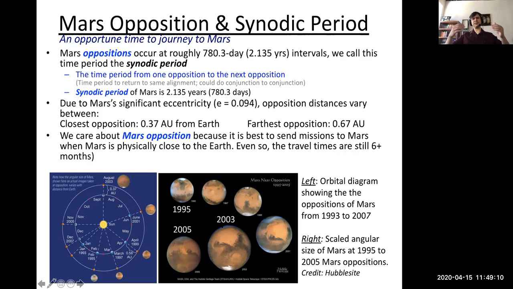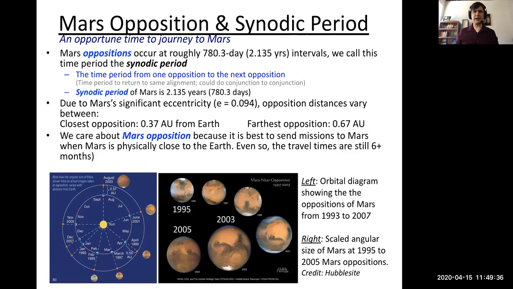So now let's talk about why we care about opposition and why we might want to know how long it takes for Mars to go from one opposition to the next time it's at opposition. So how long does it take for this geometry of Mars, Earth, Sun, all in a straight line? How long does it take with the Earth going around at its rate and Mars going around at its rate for all of them to line back up in that same geometry?